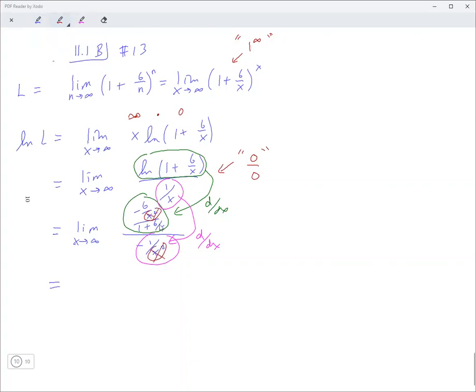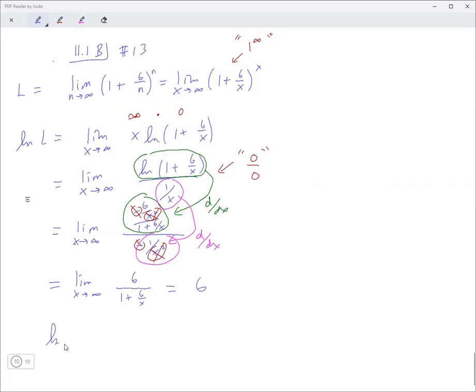The negatives cancel. And let's see, what do we have? When you cancel the easy stuff off, the whole denominator is canceled, actually. It reduces to 1. And then up here you have 6 over 1 plus 6 over x, and that's going to go to 6.